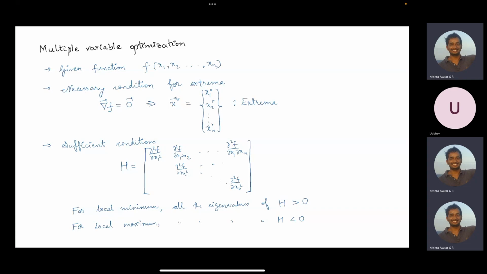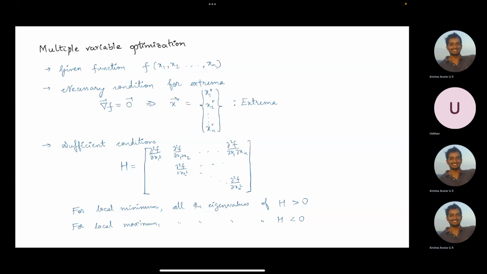In order to do that, first we determine the Hessian matrix of the system. The Hessian matrix is a matrix in which every component is a second derivative of f with respect to the optimization variables, x1, x2, till xn.